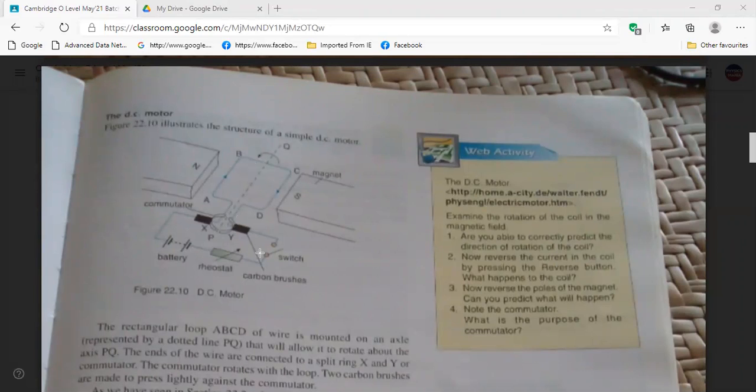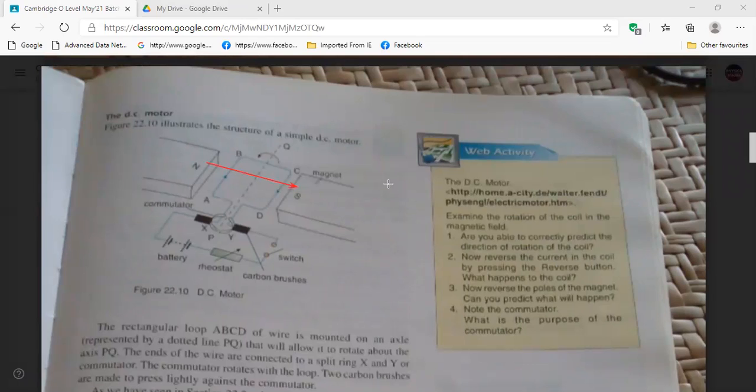Now, like before, we are having here rotation of the coil using Fleming's left hand rule. Fleming's left hand rule we will use here. So you look here, we have here a magnetic field, and we know that magnetic field direction is from north to south, isn't it? Our first finger or forefinger or index finger is the magnetic field.